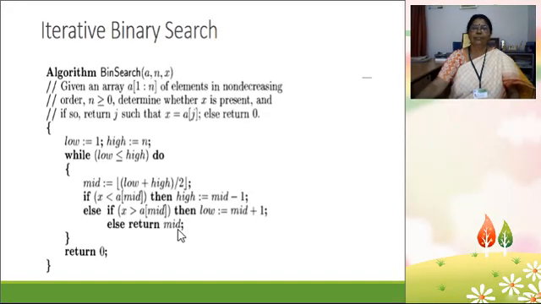The primary requirement for implementing binary search is that the given array should be sorted. We discussed both versions, the iterative version and the recursive version. With this, we shall see another example in the next session.